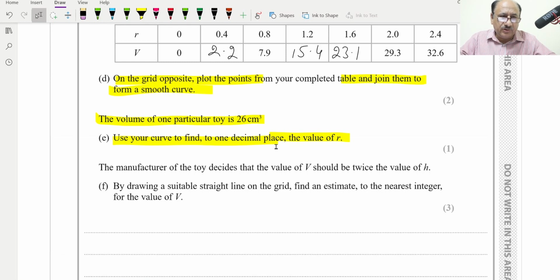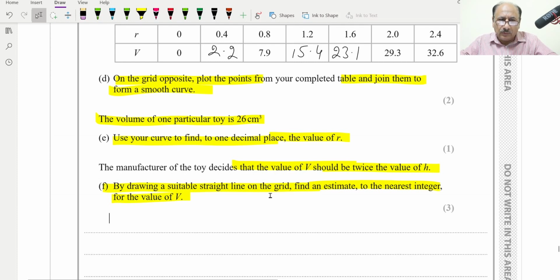The manufacturer of the tie decides that the value of V should be twice the value of H. So by drawing a suitable straight line on the grid, find an estimate to the nearest integer for the value of V. So by drawing a straight line, we need V to be double.